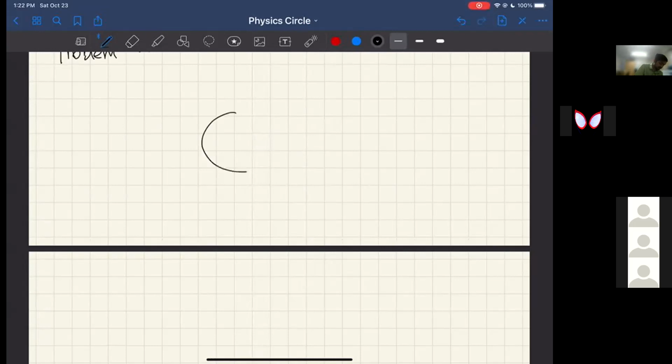So what do we have here? We have a frictionless pole, just some sort of stub, and some string that wraps around this pole partially.